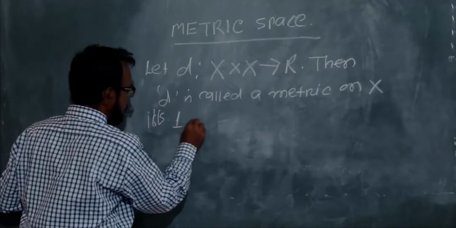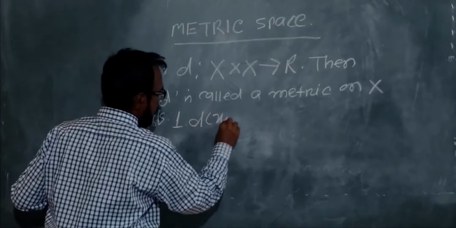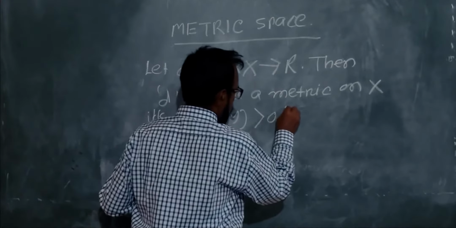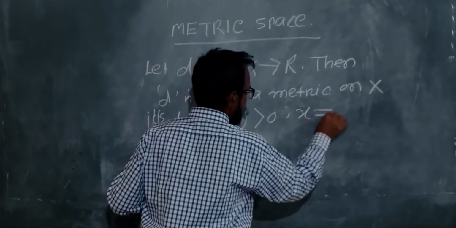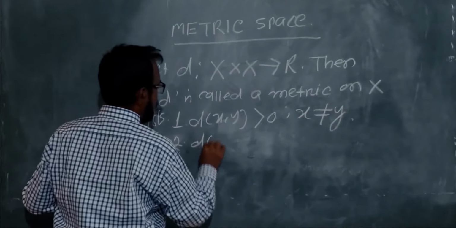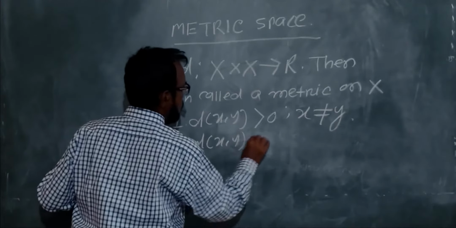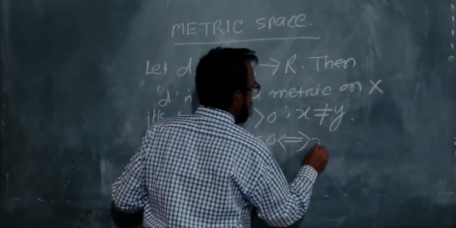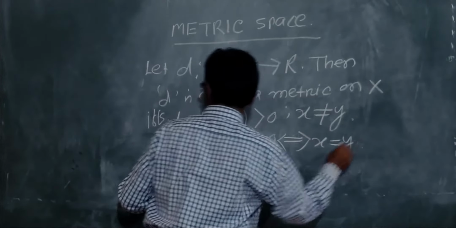Number one is d(x,y) is greater than 0 when x is not equal to y. Second is d(x,y) is equal to 0 if and only if x is equal to y.